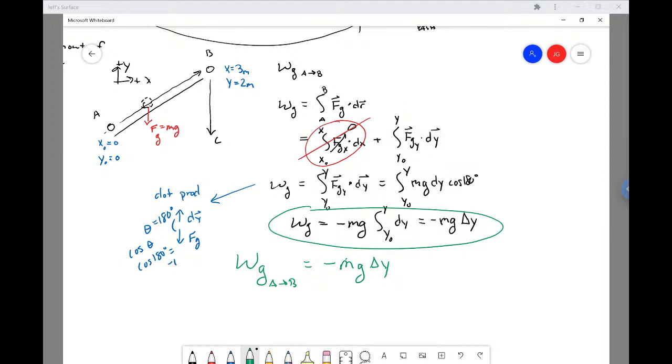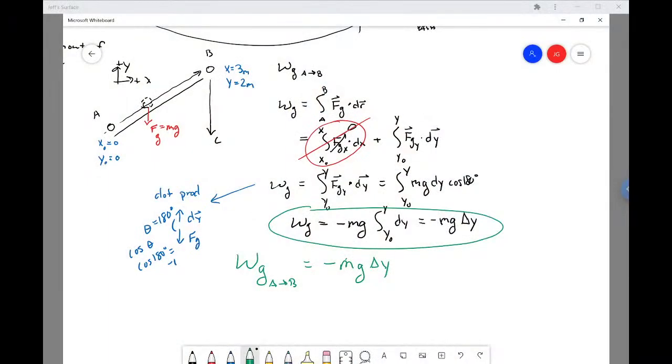The work done by gravity is the negative of the weight of the object times its change in vertical height. That's what this is saying. Final minus initial. So here, the work done is a negative quantity. All right, that's interesting.